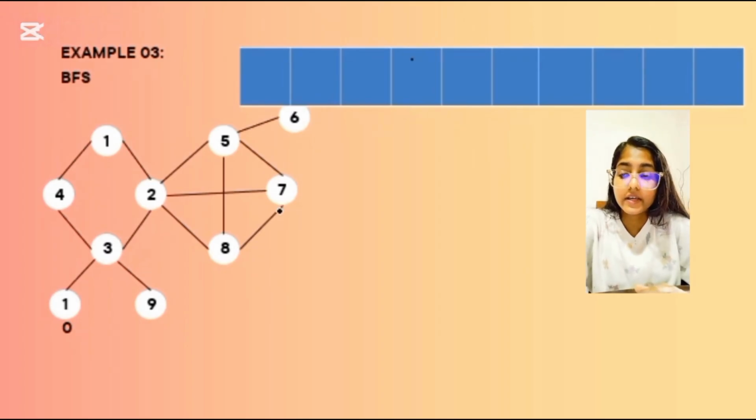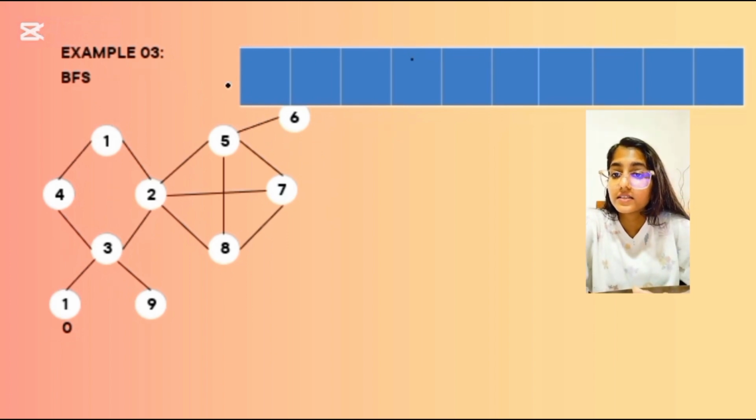Now I'll explain about breadth first search using another example. This is the graph I used here, and I use a queue also. First what you must do here is you must select a node as the first vertex.